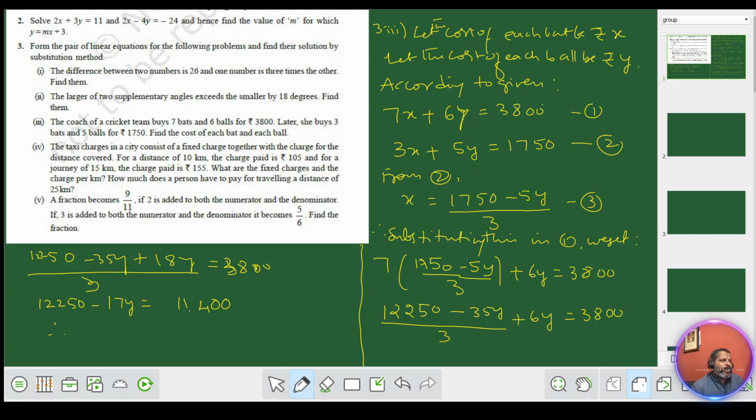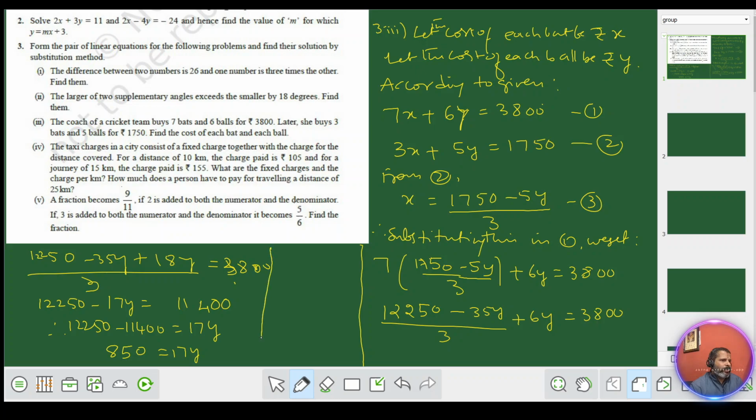Therefore, I'll transpose 17y to the right hand side and 11,400 to the left hand side. What does it become? 12,250 minus 11,400 equal to 17y. We subtract it. 0 minus 0 is 0, 5 minus 0 is 5, 2 minus 4, 12 minus 4 is 8, 11 minus 11 is 0, equal to 17y.